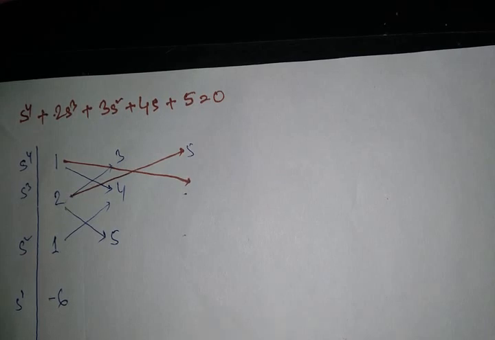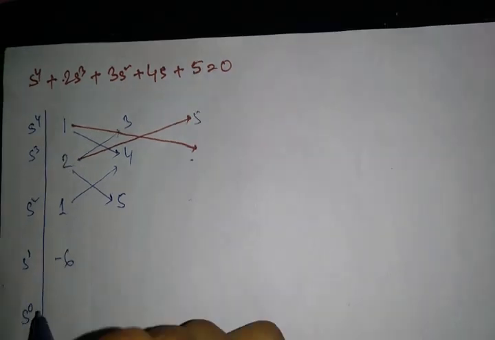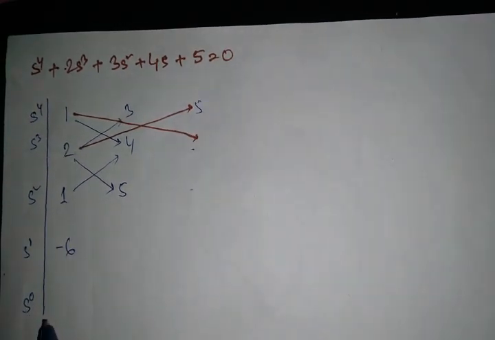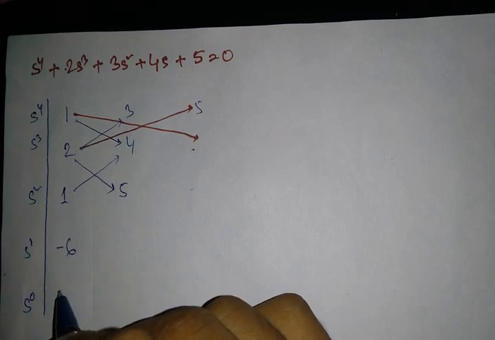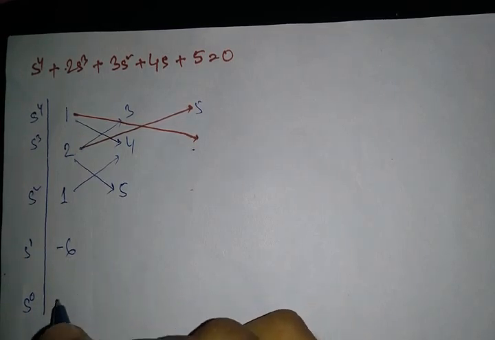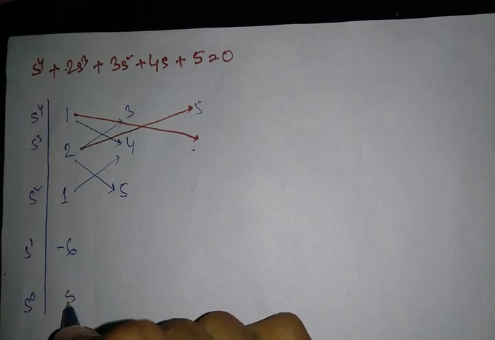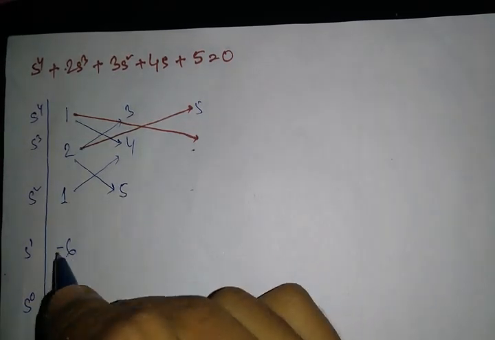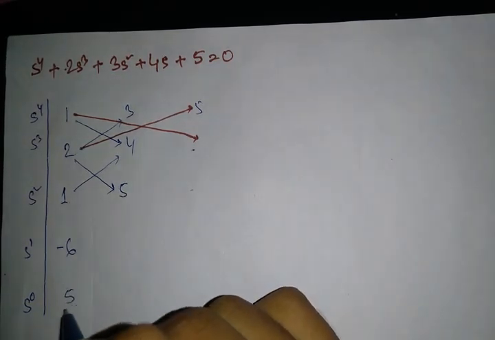So let us go to the last one. It is s to the power 0. Here I think it is the easiest one, because there is a missing term. So here we can write it directly as 5, because minus 6 into 5 divided by minus 6 will give 5 only.